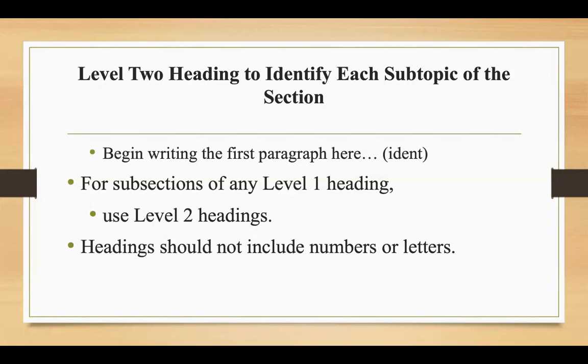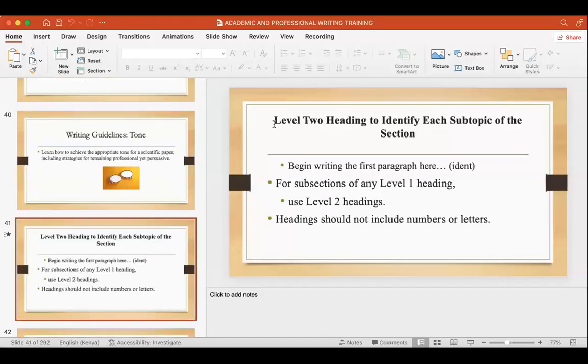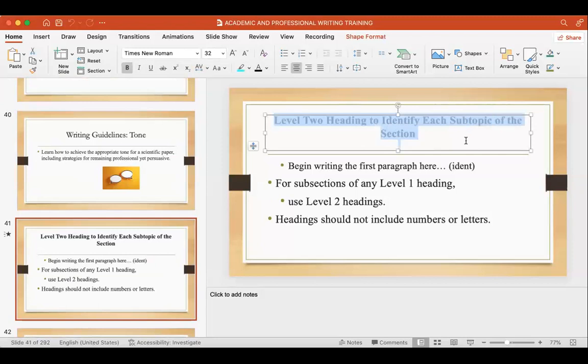For instance, like this section here, level 2 heading to identify each subheading, that is written in level 1 header. So if it was a level 2 header, you see now I've centered it. If you're seeing how my laptop looks like, I don't know whether you're able to see this. You go to home now.